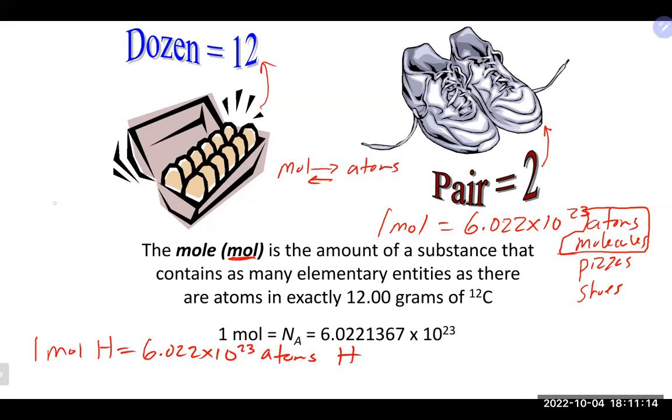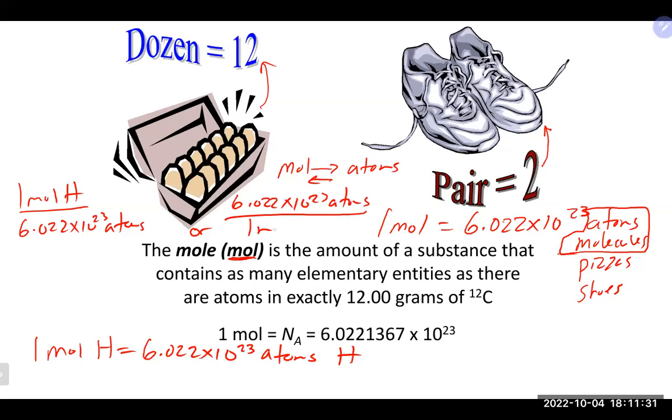You write 2 conversion factors for that. 1 mole of hydrogen over 6.022 times 10 to the 23 atoms, or vice versa, 6.022 times 10 to the 23 atoms over 1 mole of hydrogen. So you could use it as a conversion factor. You could also use it, obviously, for something that is not just an atom.